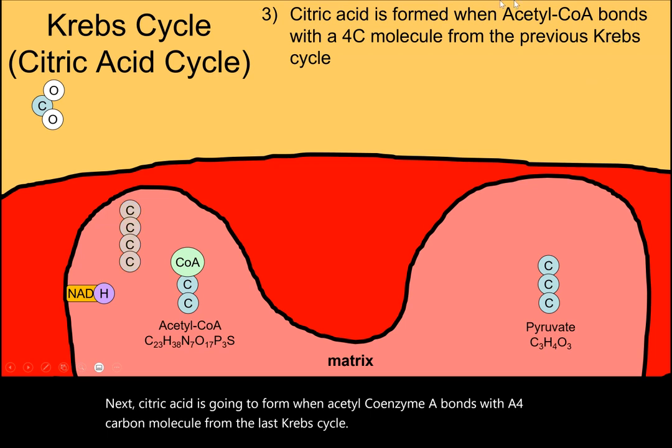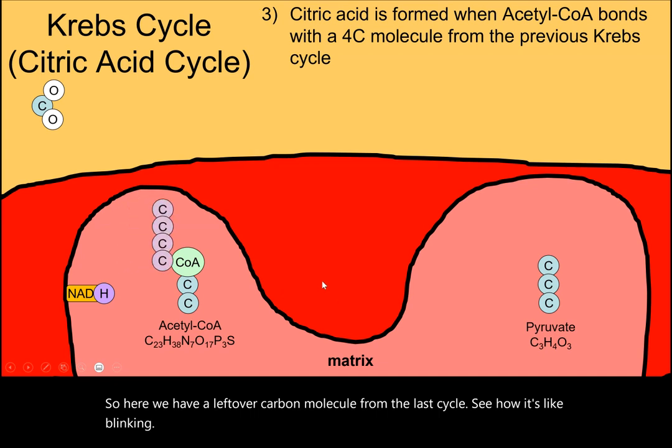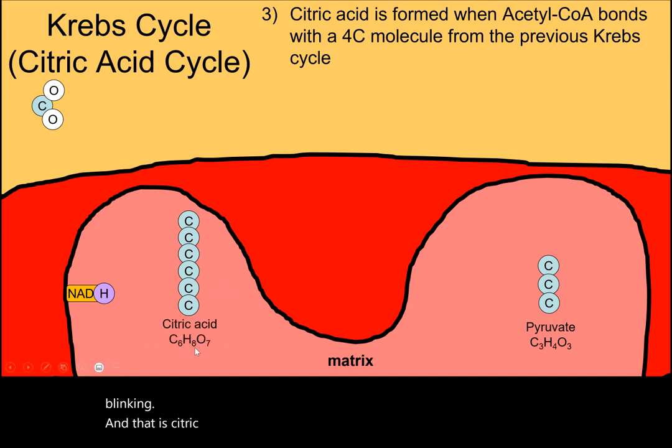So here we have a leftover carbon molecule from the last cycle. See how it's like blinking? And that is citric acid, C6H8O7.